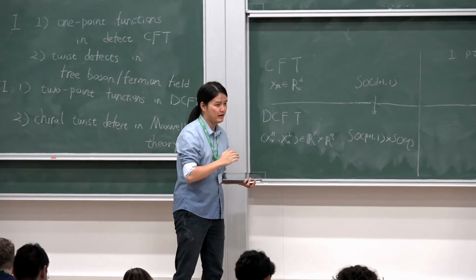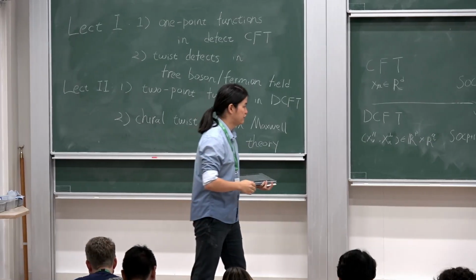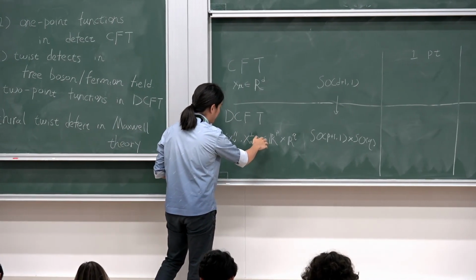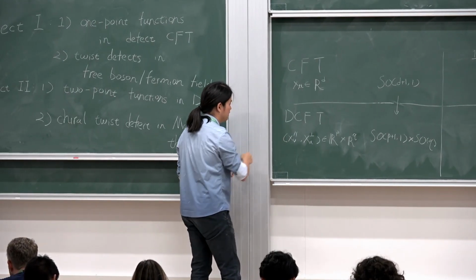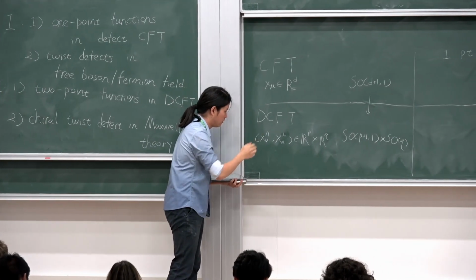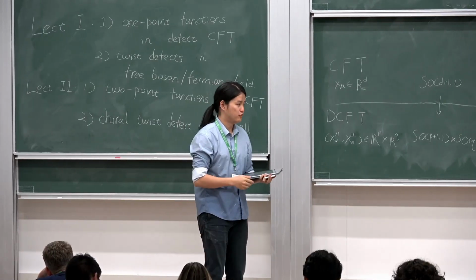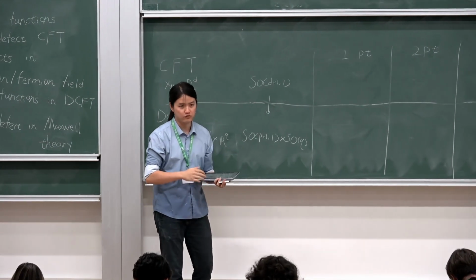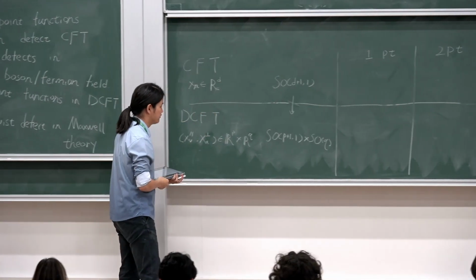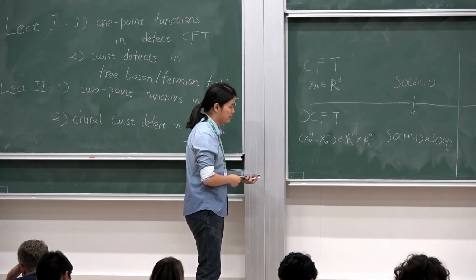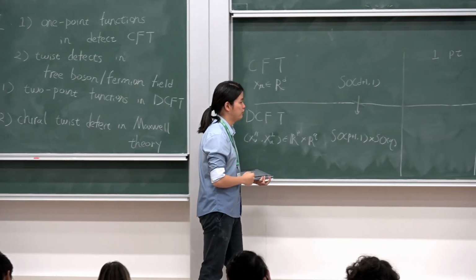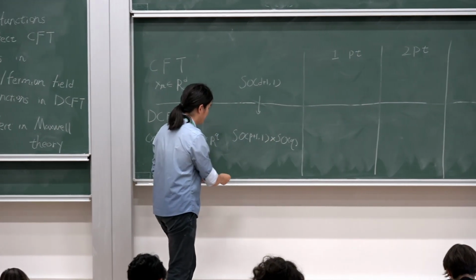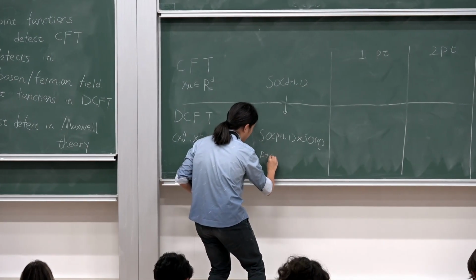Now, if you insert a defect that occupies a hyperplane of p dimensions and occupies the coordinate, which I denote as x parallel, it breaks the conformal symmetry down to a subgroup, which we call SO(p+1,1), which was also introduced by Zohar. Now, if the defect is isotropic, we also expect it to preserve the transversal rotation symmetry, which I denote as SO(q). And here the convention is such that p plus q equals d.